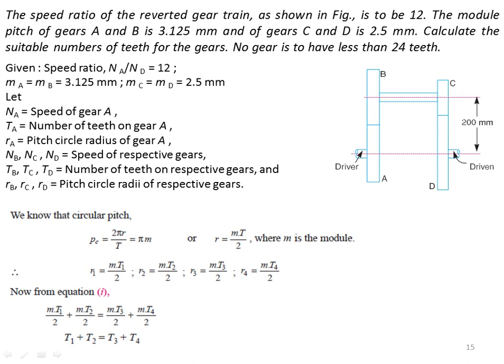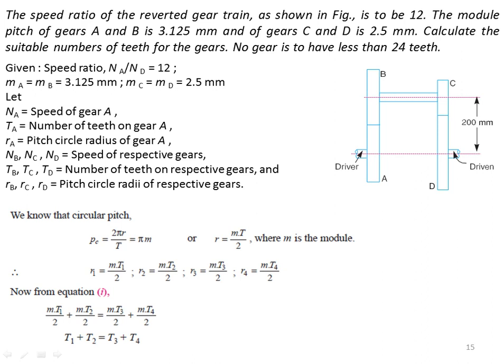So the NA by ND is given as 12, and the module pitch of the gears A and B, that is given as 3.125. So MA and MB 3.125 is given, and for C and D, that is MC and MD, that is again given as 2.5.